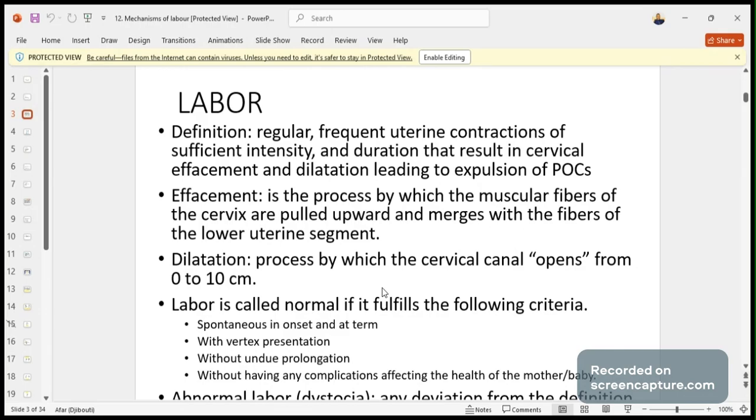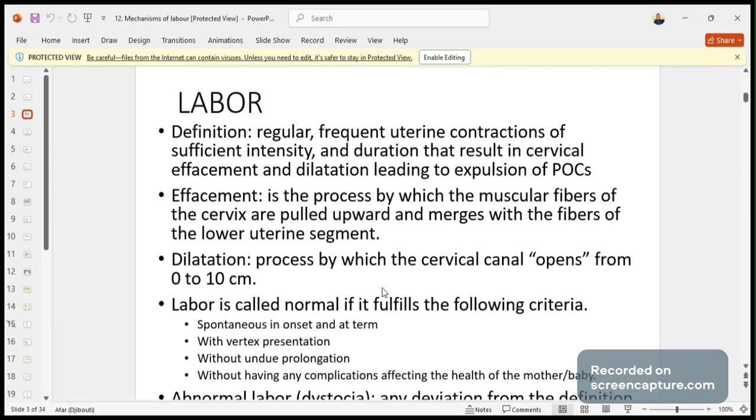So let me proceed. During this effacement, we always expect the cervix to thin, to reduce in thickness. Okay, so effacement is just that thinning of the cervix, because when it thins, it goes and gets into the lower uterine segment.